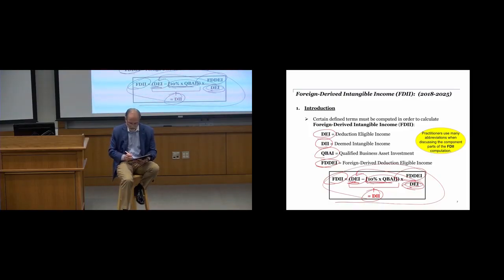And now I have my DEI, which I already had before. That's my denominator. That's all my income less my items specifically excluded, less expenses allocated. Now what we're computing is my FDDEI, and that's my final amount to compute this calculation.